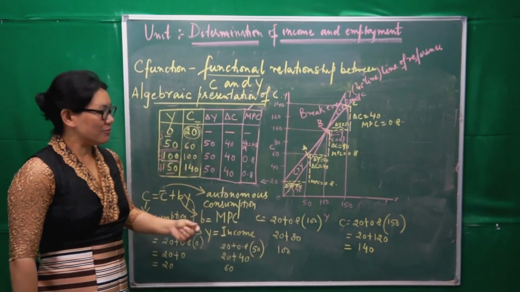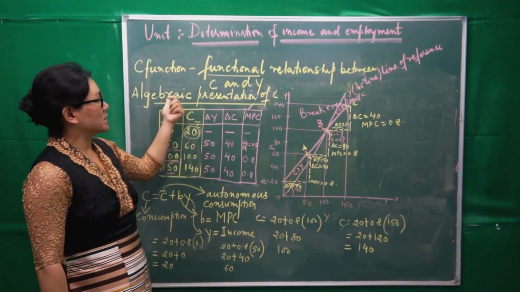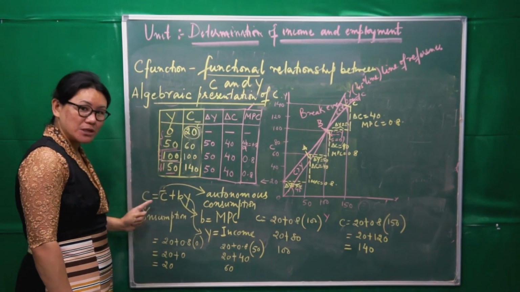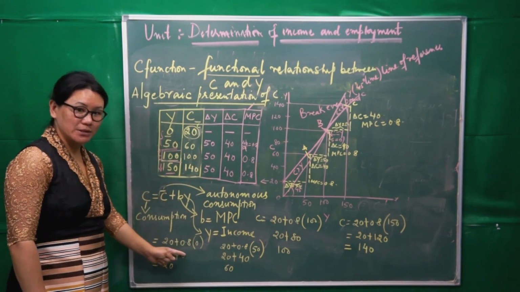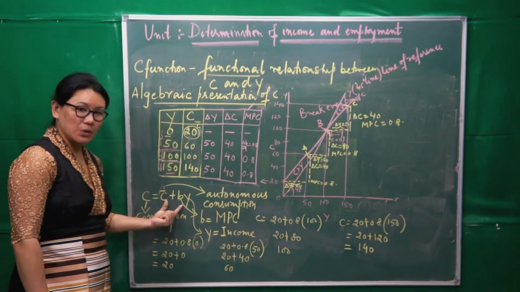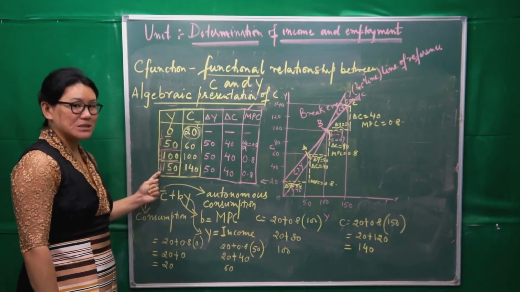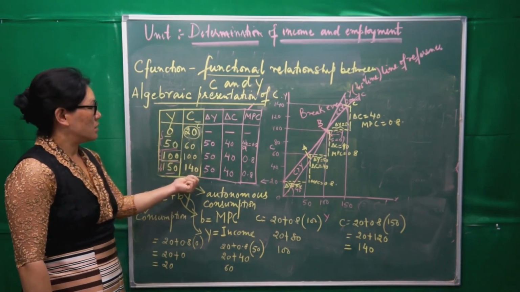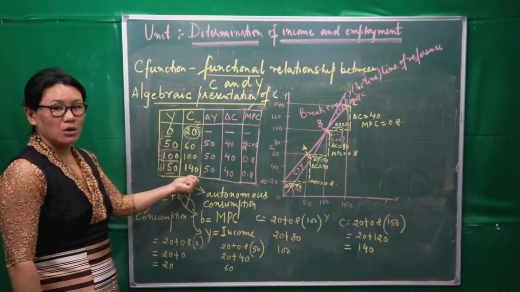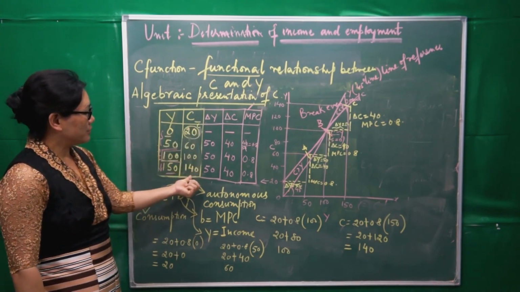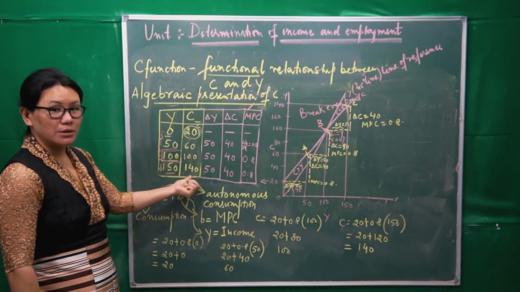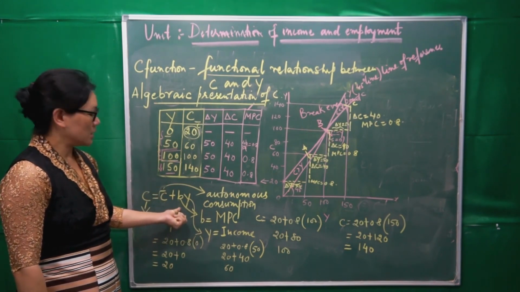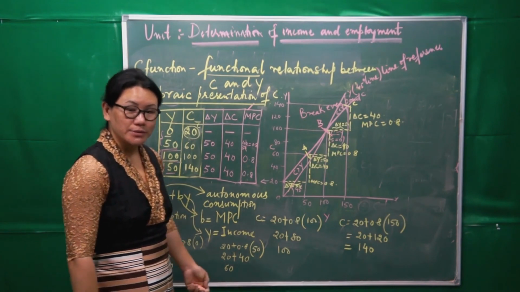Then we went for the mathematical relationship between C and Y. We have this equation here, its description, and by using this equation, if income is given, we can find C using this consumption function equation. All right. Okay.